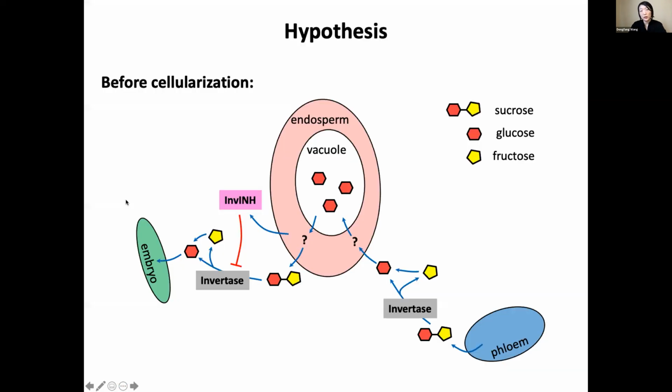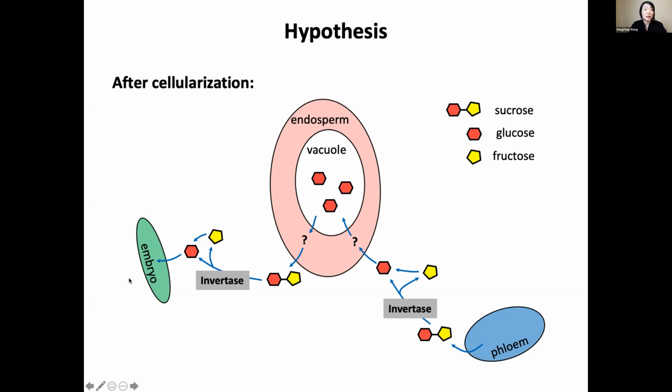So our hypothesis is that before cellularization, the invertase inhibitor turns off the invertase and shuts down the flow of nutrients. And then after cellularization, the invertase inhibitors are turned off, which releases this flow, and this is correlated with faster embryo growth.